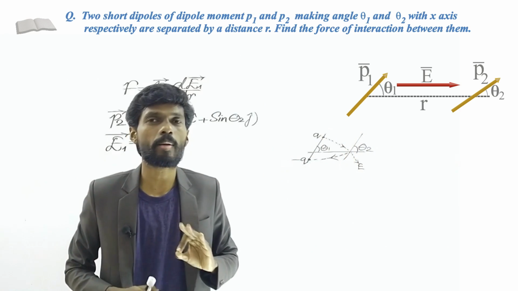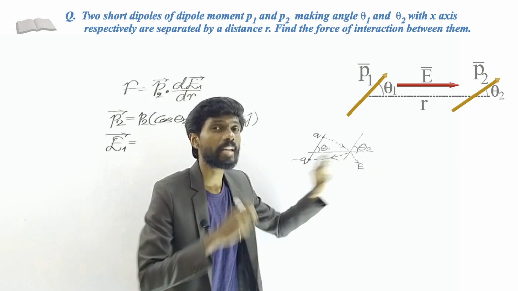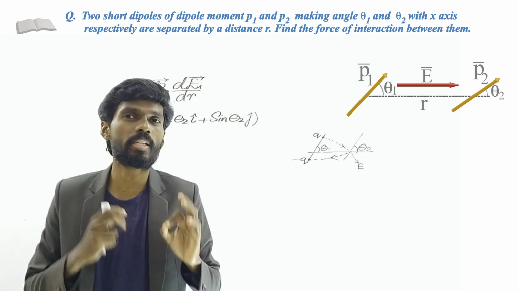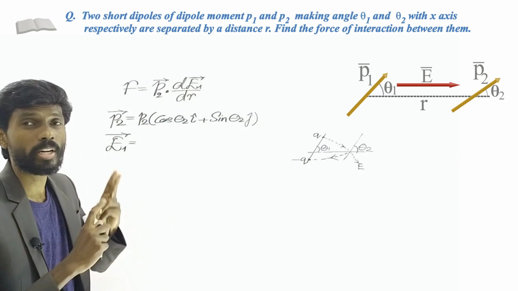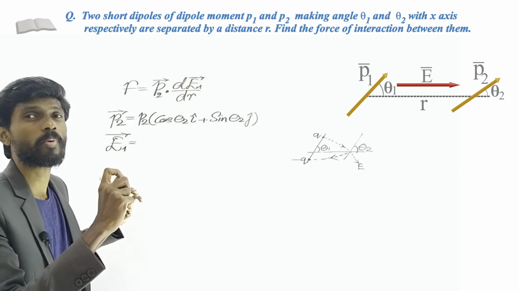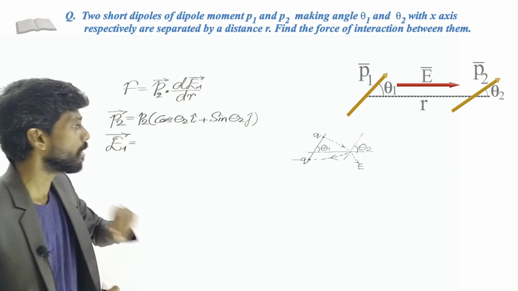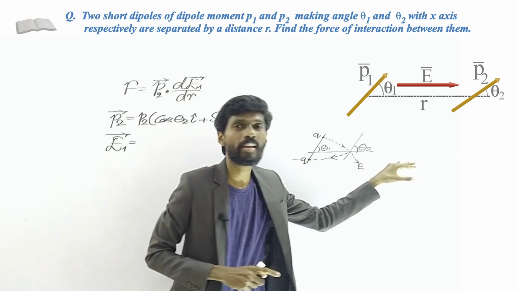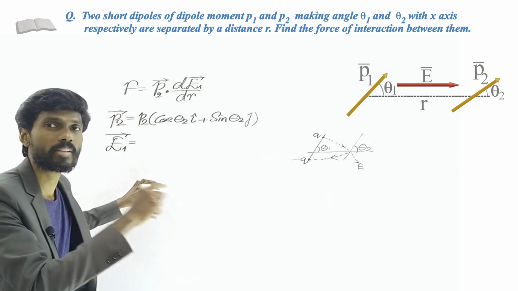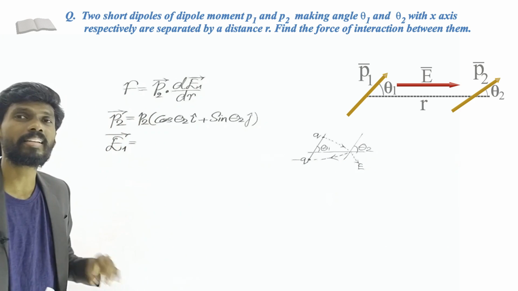So what is the horizontal component? That is the radial component. Do you remember we have written the formula for the electric field due to a short dipole at any point having two directions? One is the radial component, one is the perpendicular component. But the radial direction here is the direction of the x-axis only, that means i cap. So what is the component in the radial direction?